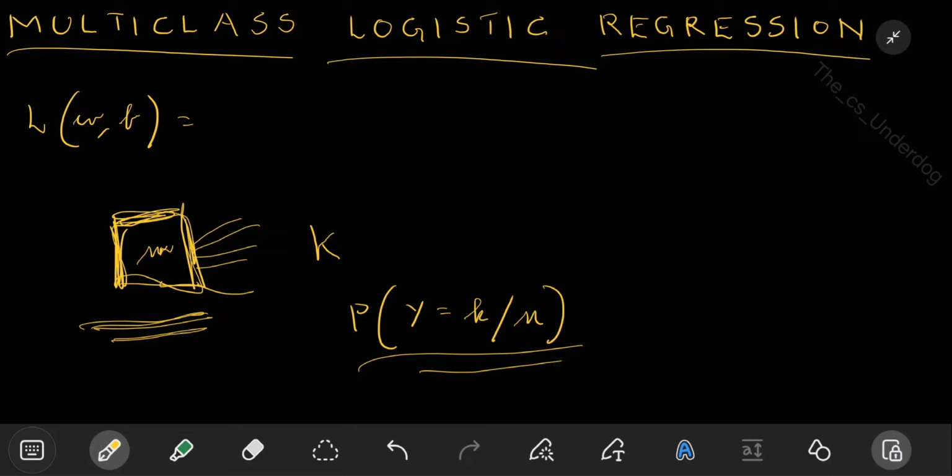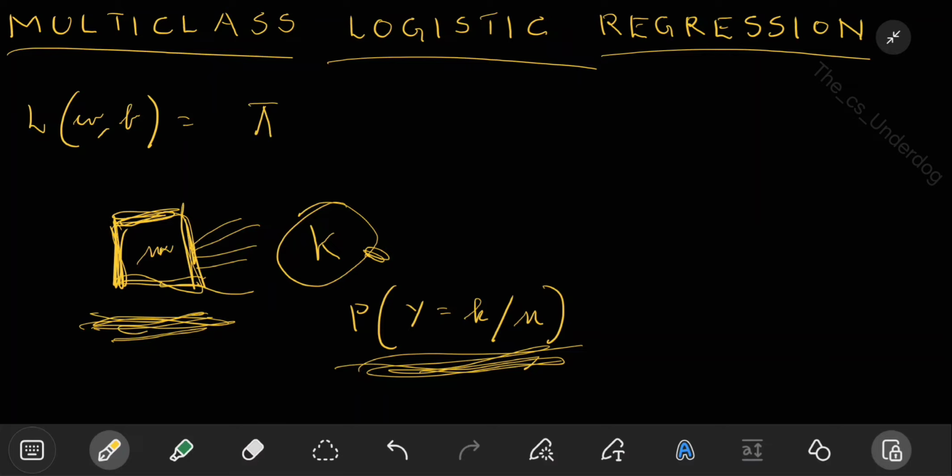What if you have k different classes and m different inputs? Then for each of the classes, you have to see this probability, and that you have to do for all the m inputs. How do you find that probability? Because it is probability, you have to multiply. So for m different inputs, multiply, that is pi, let us say i is equal to 1 to m, that is over all the m different inputs.